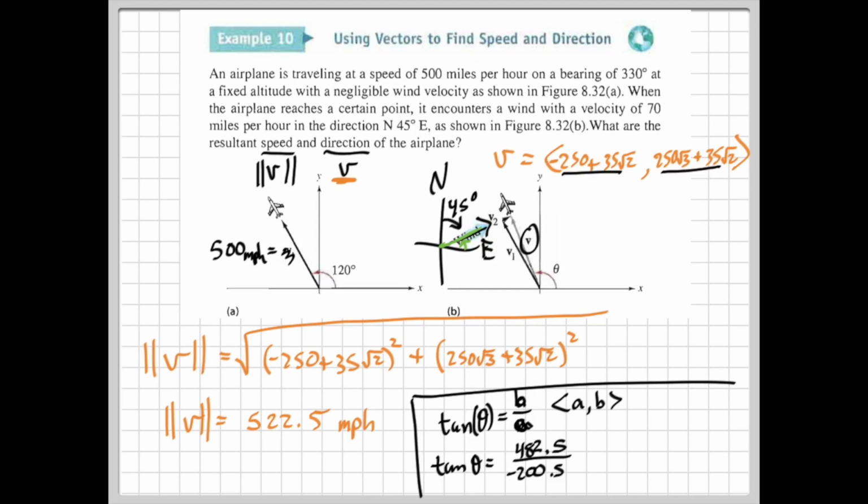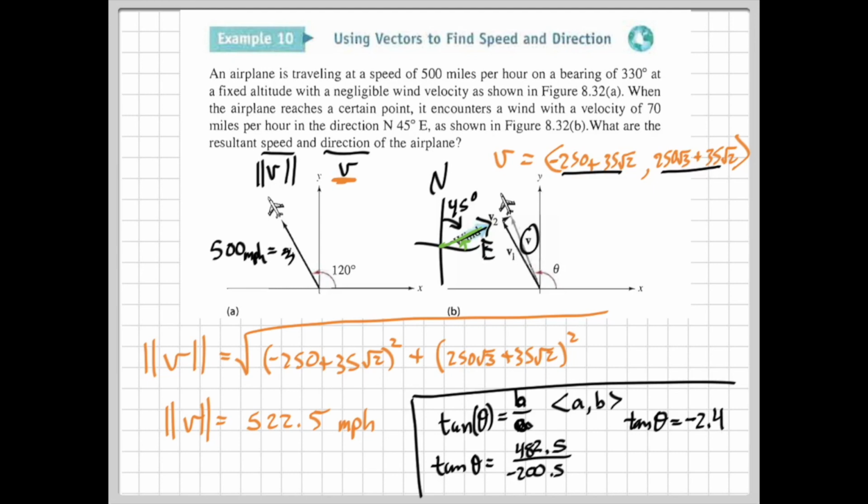And so if I divide those, let's see what I get. I get tangent theta equals negative 2.4.